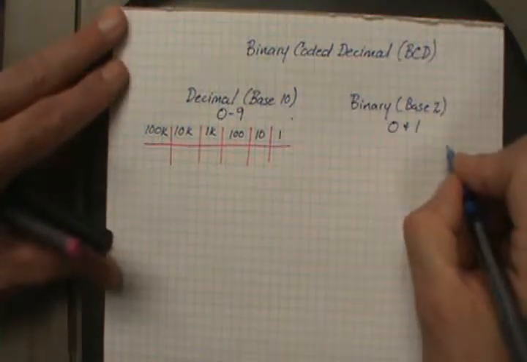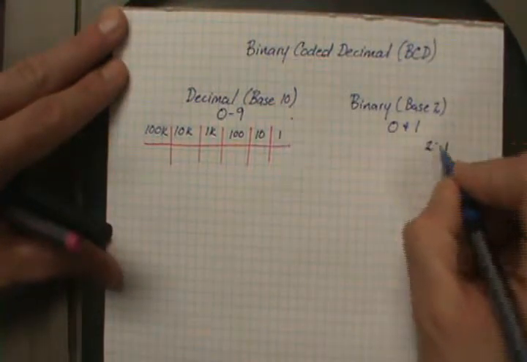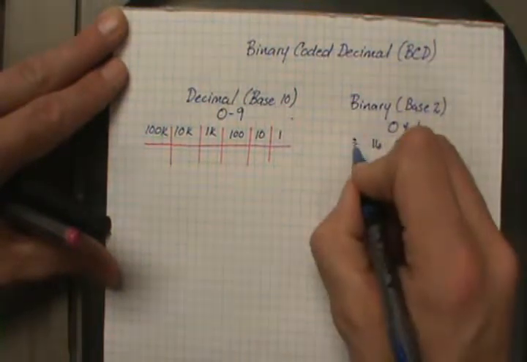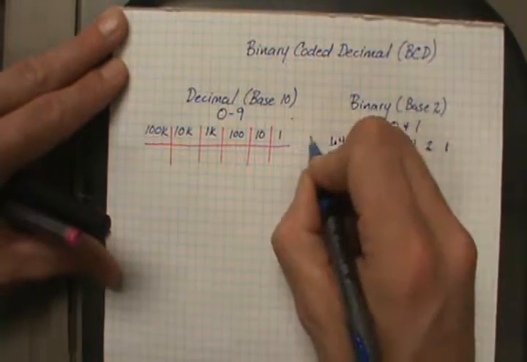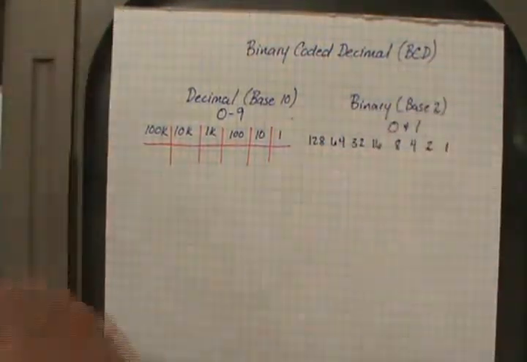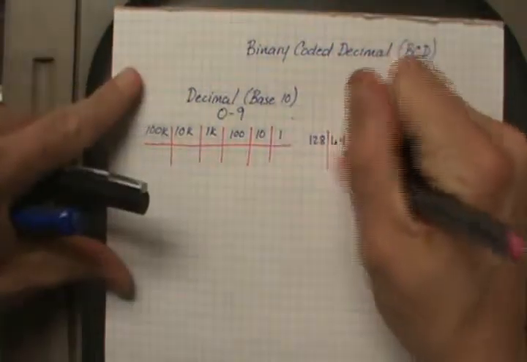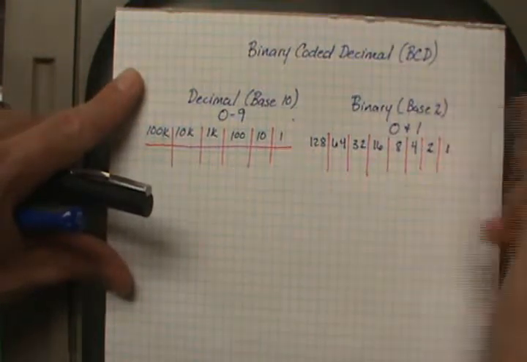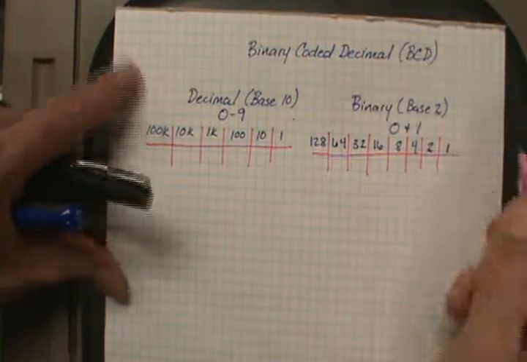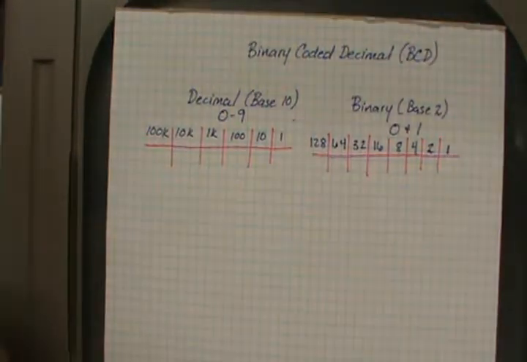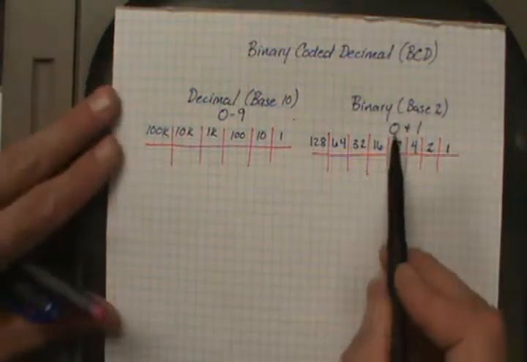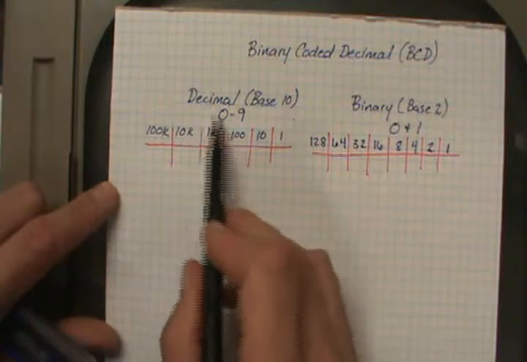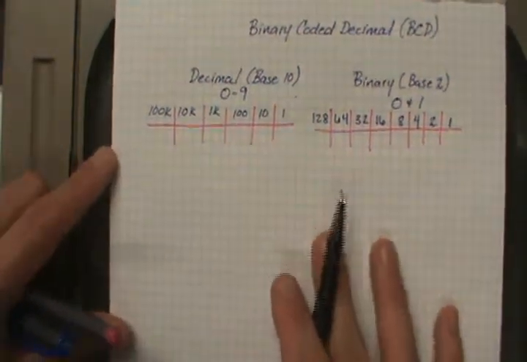So we construct this: we start off with a 1, then 2, 4, 8, 16, 32, 64, 128, and so on. Again, we can assign a 1 or a 0 throughout here to construct a number very similar to decimal.